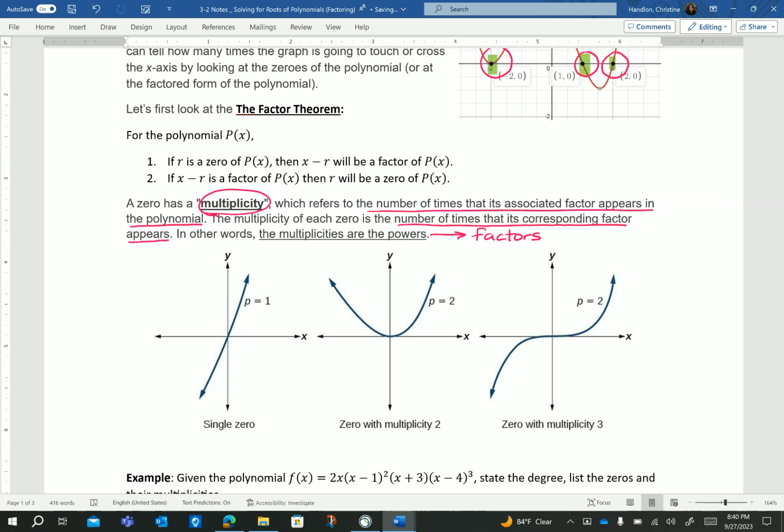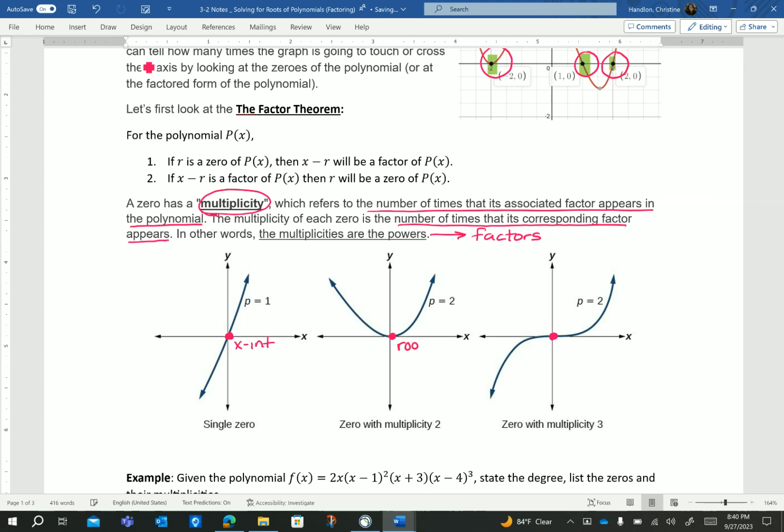Now, what does this all mean in the context of this problem? Okay, so for instance, in this picture right here, notice that they're giving us a picture of a curve on 3 different graphs, and they're showing us where it's crossing the x-axis. So this here is my x-intercept, or my root, however you want to call it.